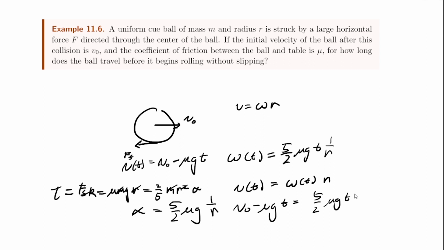And so the r and 1/r cancel. Now we can move over some terms and we get v0 is equal to 7/2 mu g t. And so the time when it begins rolling without slipping is 2 v0 over 7 mu g. Alright, that's that problem. It's an example of when you should write down omega of t and v of t, which I find you don't do too often in other cases.